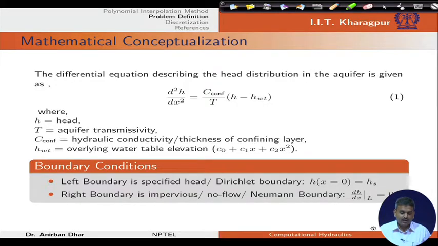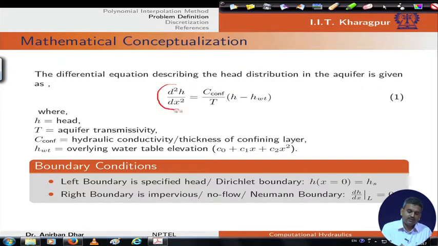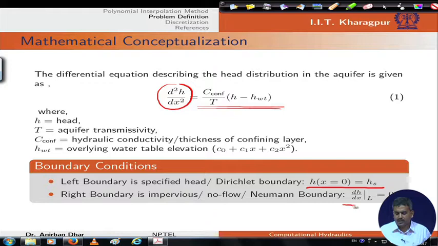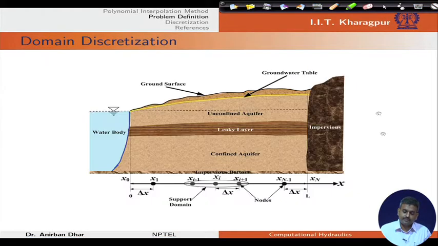So, mathematical conceptualization is clear. We have d2h dx2, and this is a right hand sourcing term, and Dirichlet boundary on the left hand side. Right hand side we have Neumann kind of boundary or zero Neumann boundary condition.